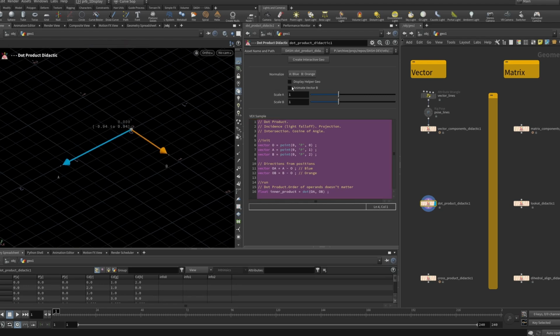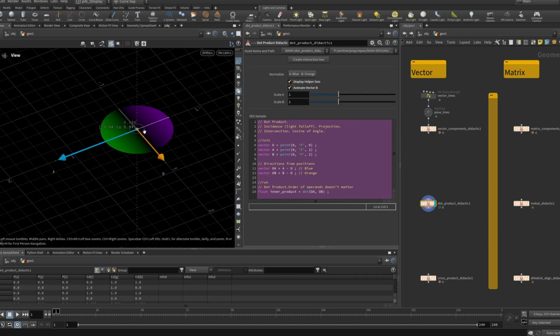As you can see in here, if I animate the vector b, you can see the dot product value update, and it goes from positive to negative and then back to positive. So it goes negative range, positive range, that's it. And that can be visualized further on here with the display helper geo. And you can see that this is the negative range and this is the positive range.